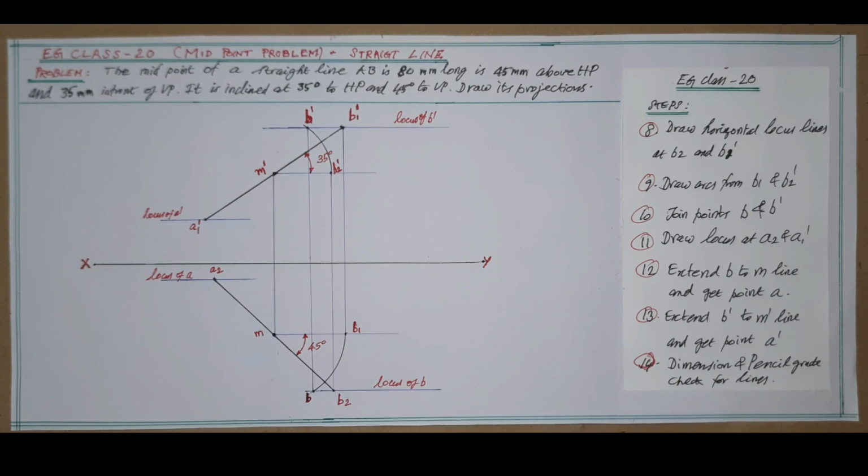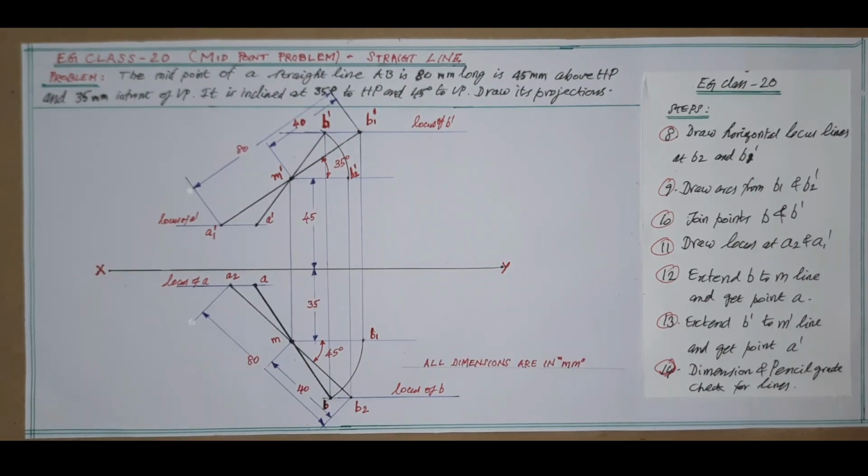Next, as per step 11, draw other locus lines for points A2 and A1 dash as shown to get the other end of the final image. Next, as per step 12, extend the B2M line so that it meets the locus line and mark it as A. As per step 13, extend the B dash to M dash line so that it meets the locus line and mark it as A dash.